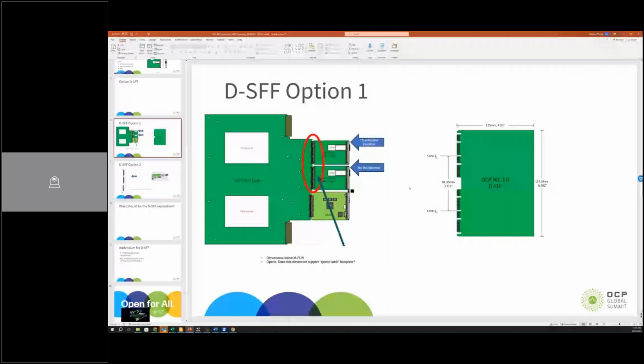It will solve the 32 lanes. Let's assume there are some signal integrity challenges with putting this board to board, but that's solvable. Then the other thing that this larger form factor is aiming to solve is the real estate. However, the real estate is for stuff like DDRs or bigger chips or bigger ICs, and this board-to-board interface will probably not be able to carry these types of signals between them.